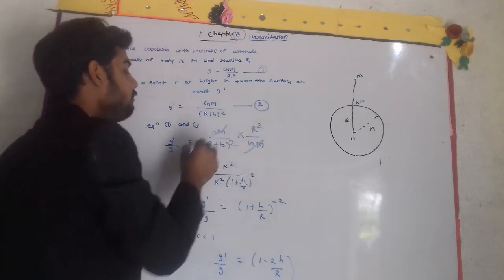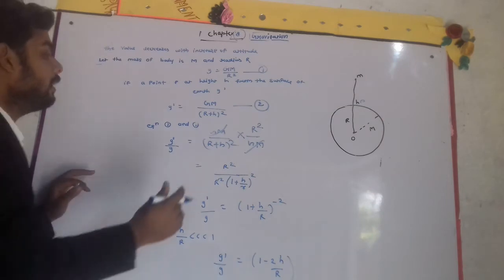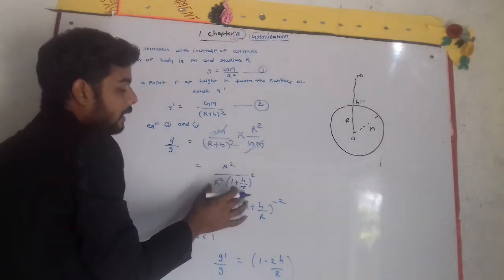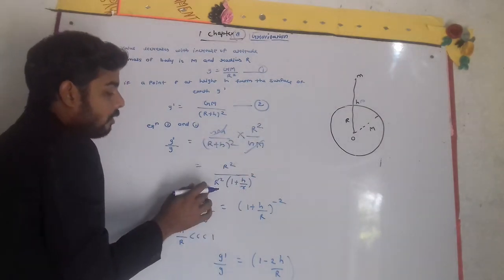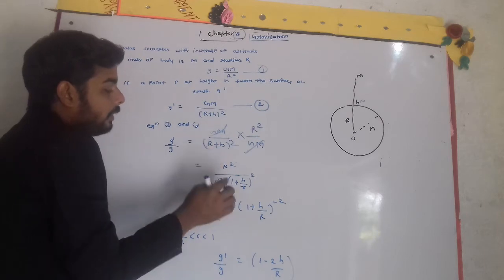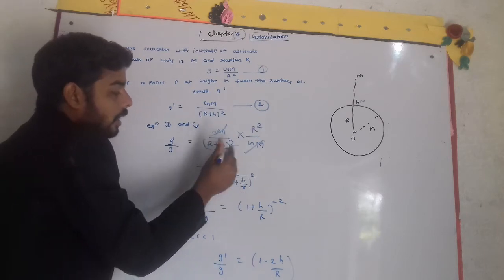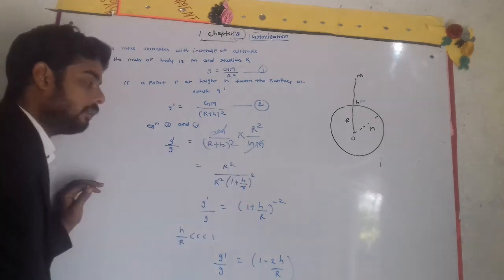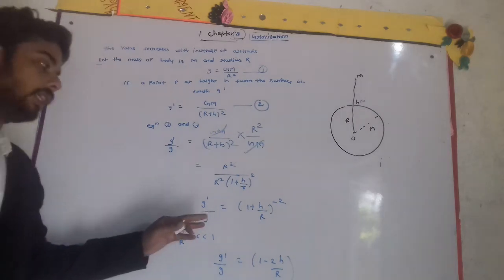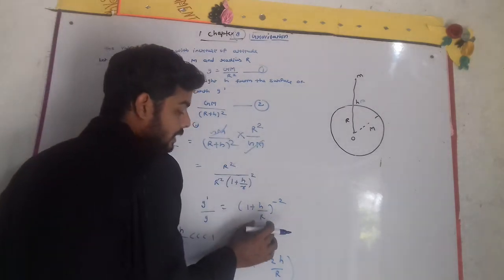Then GM and GM will cancel. Then what will remain? R square upon (R plus H) square. If we take R square common, then what will remain? (1 plus H upon R) whole square. So R square will cancel out. Then g dash upon g equals (1 plus H upon R) whole square.